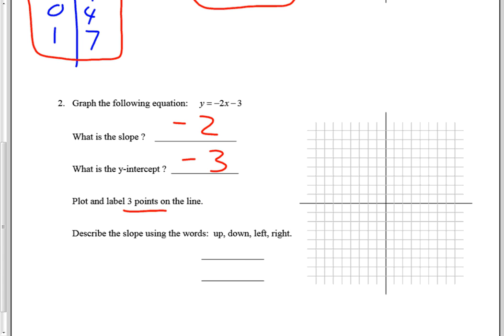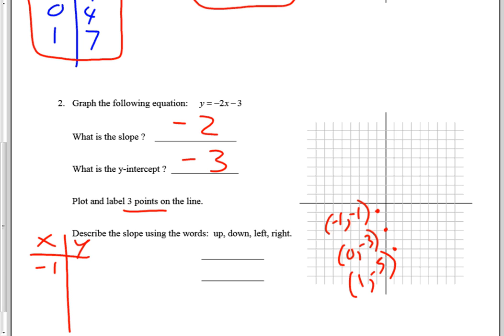If I want 3 points, -1, -1, 0, -3, 1, -5. You can show it either on the chart, on the graph, or you can show it in a little XY table. I don't care, but show me at least 3 points.